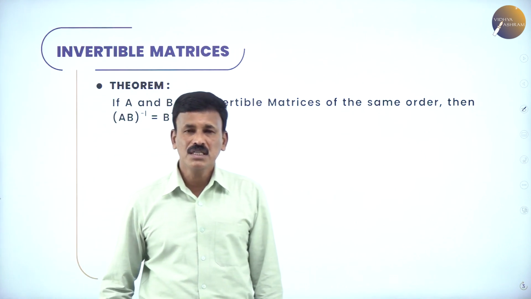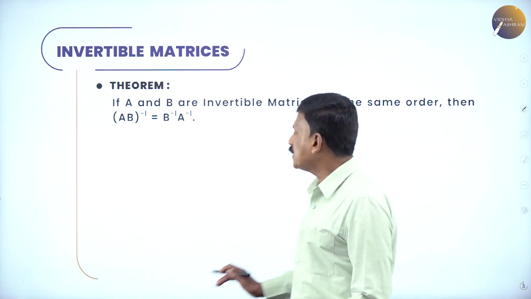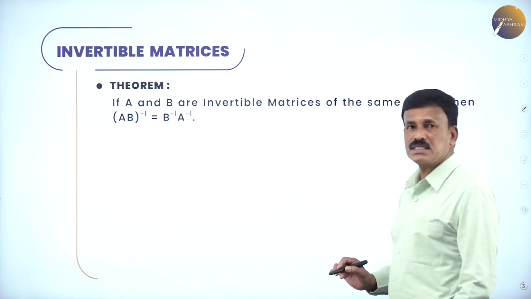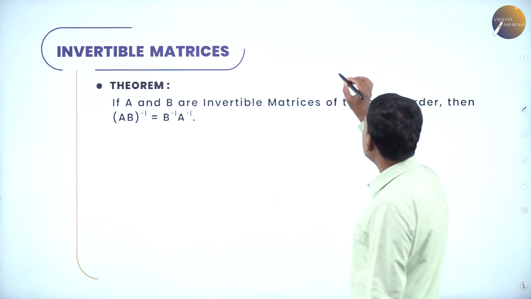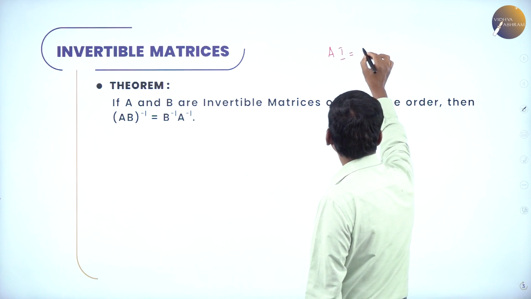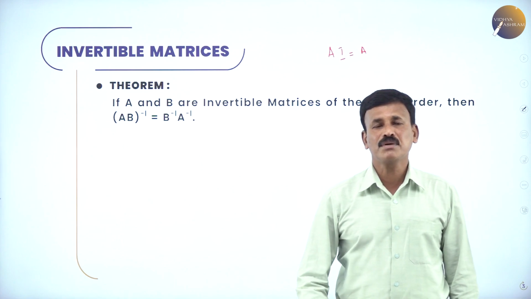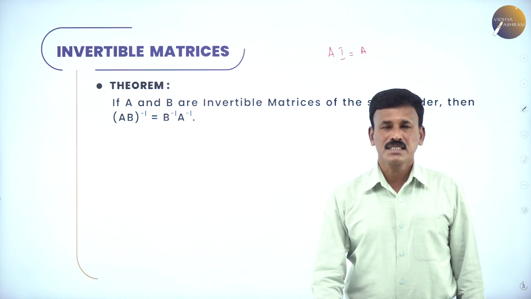Reversal law of inverses. Now, according to the definition we have studied, if you multiply any matrix A into I, you are going to get the same matrix. If your matrix is multiplied by an identity matrix, you get the same matrix.